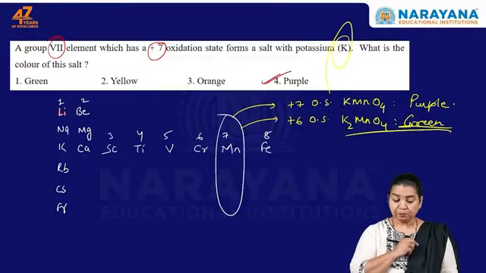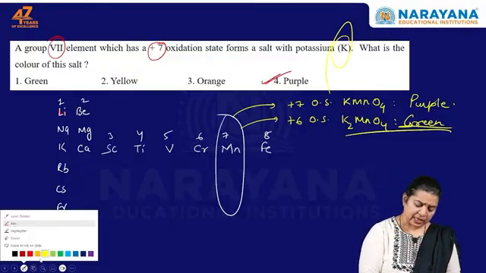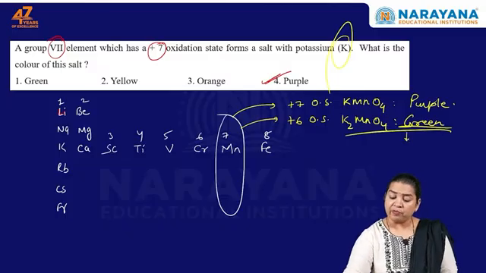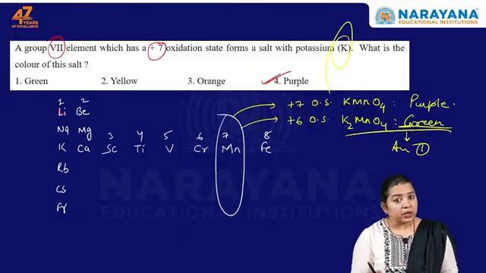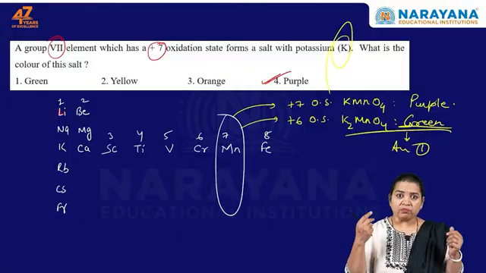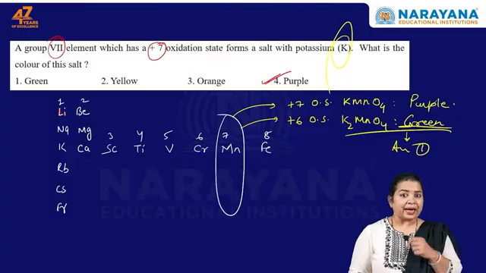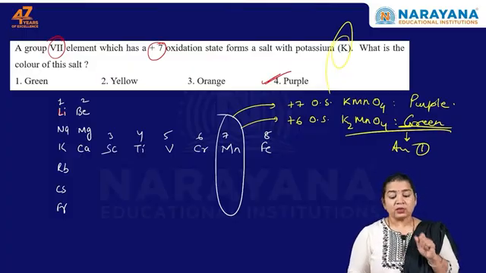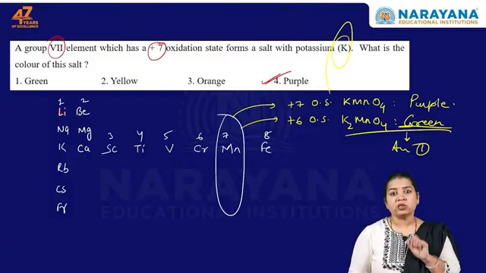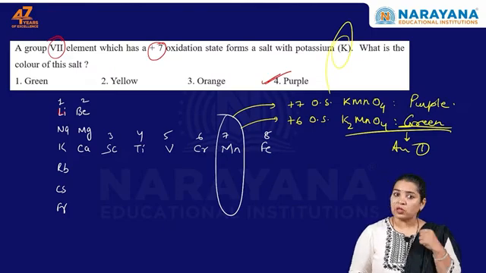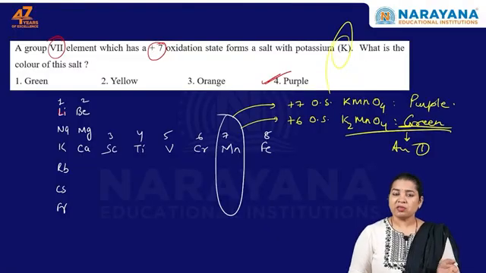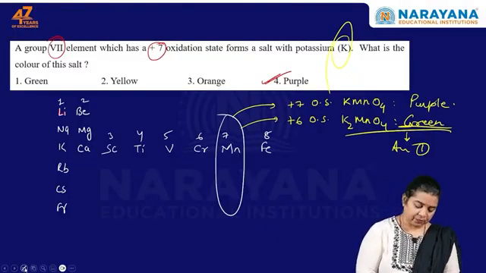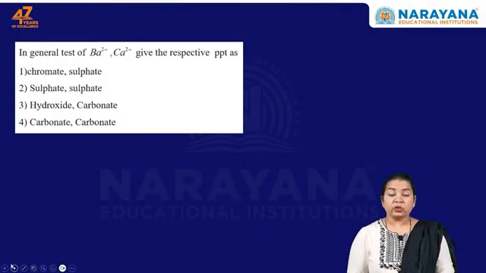In that case, the answer would have been first. So, based on what actually appeared in your paper, in our chat group, kindly comment and tell what is the right answer. Was it +6 which was asked in the question, or was it +7? If +7, answer is 4. If +6, answer is green. Okay. Moving to the next question.